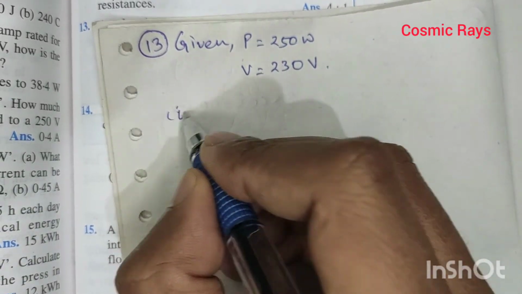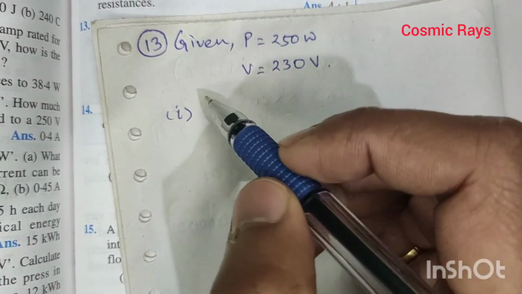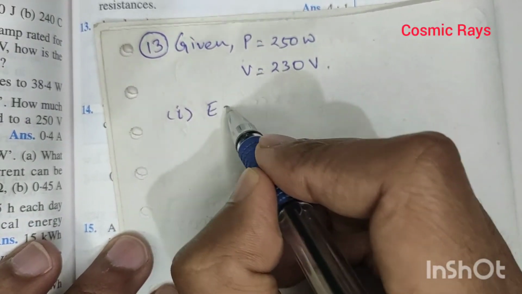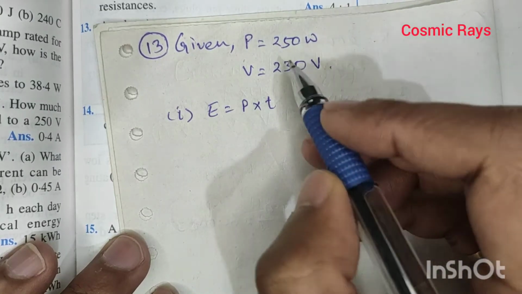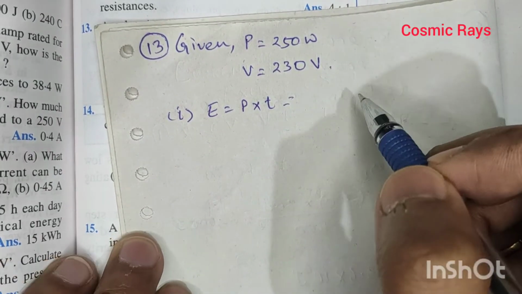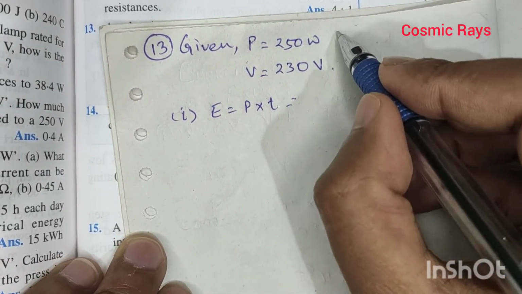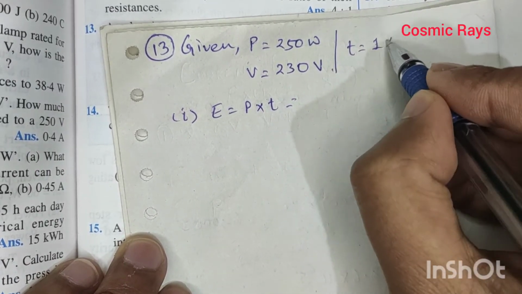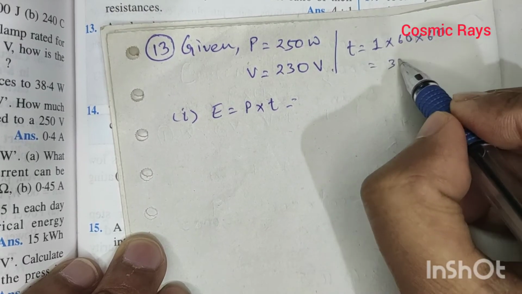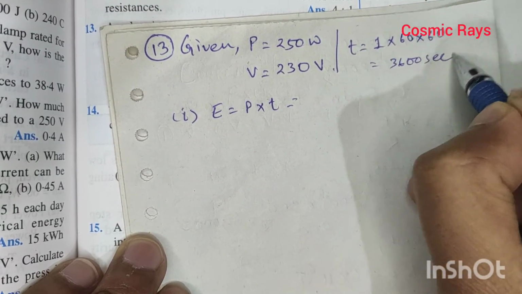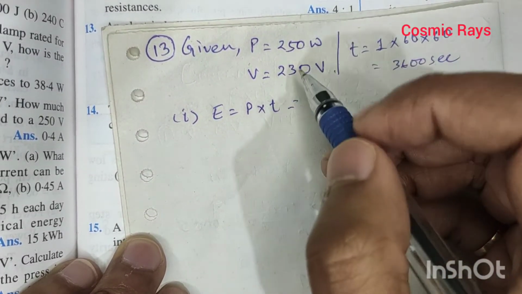For the first part, that is to calculate the energy consumed, energy is equal to power into time. Time they have given us as 1 hour. So time is equal to 1 hour into 60 will give us the seconds, 3600, so we can use it here.